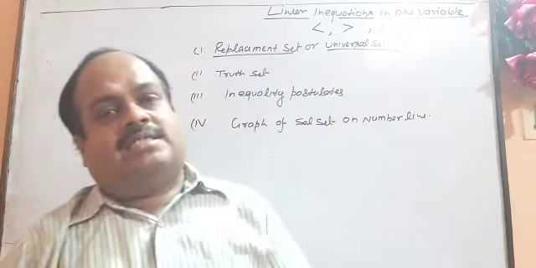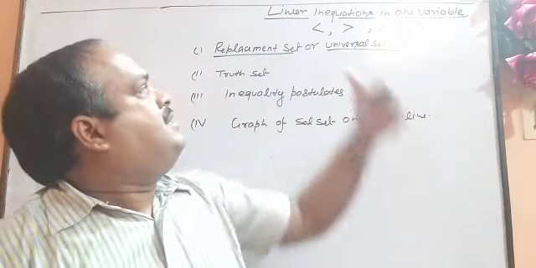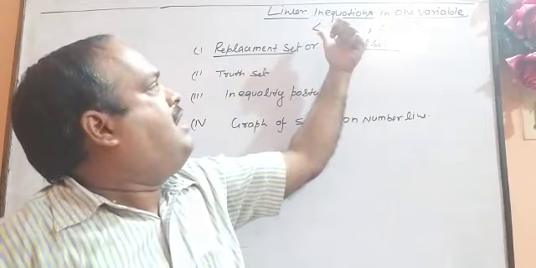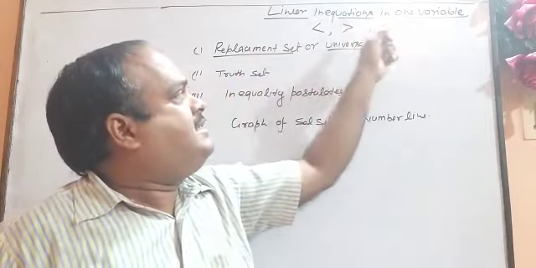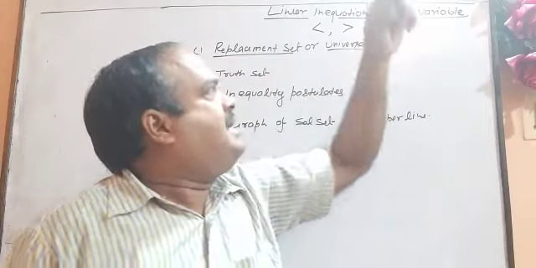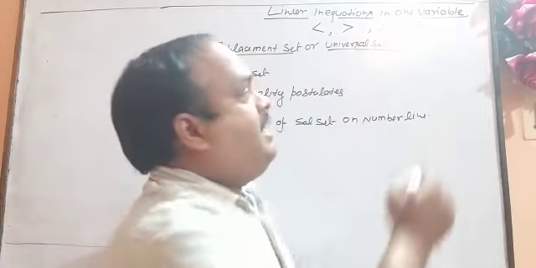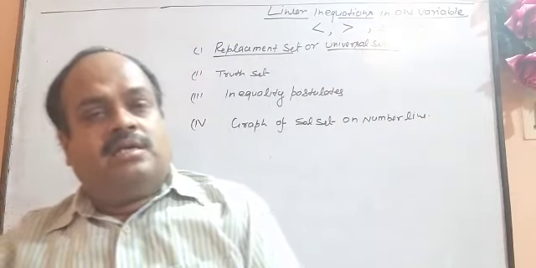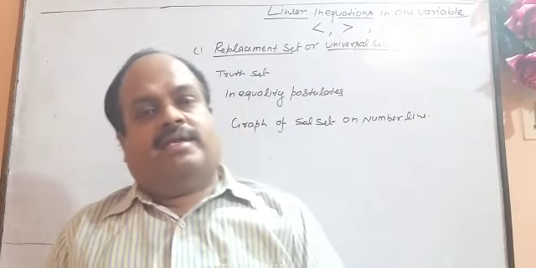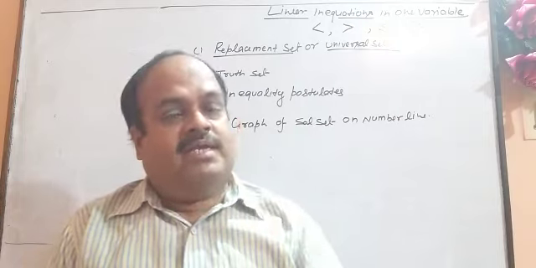A mathematical statement which involves the symbol of less than or greater than or less than or equal to, greater than or equal to is called linear inequation in one variable. There must be one variable.